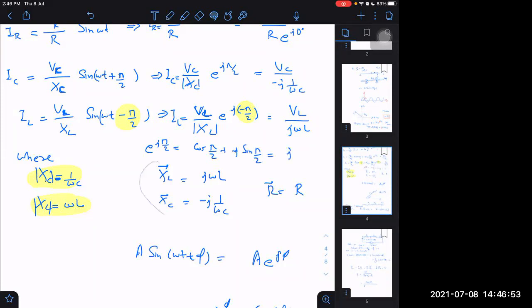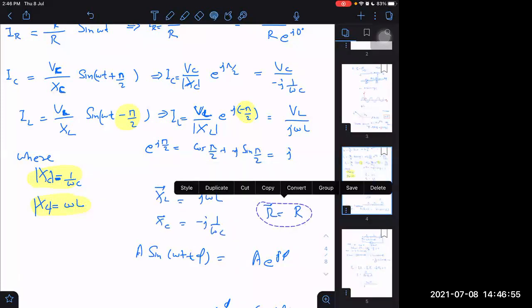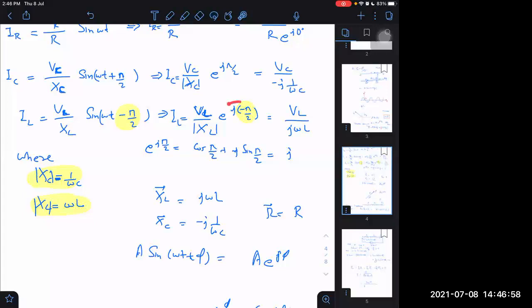And what is this thing then? If it goes to the denominator, it will become 1 upon e raised to power j pi by 2, which will become just 1 upon j only. Therefore, I replace it by j. Similarly, XC, if it goes to the denominator, will become this.